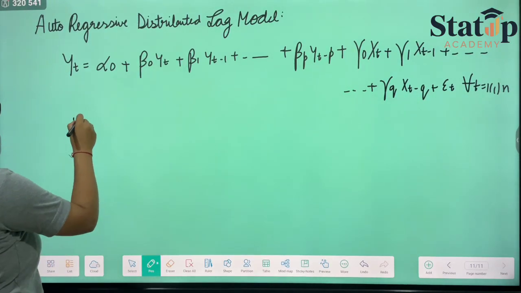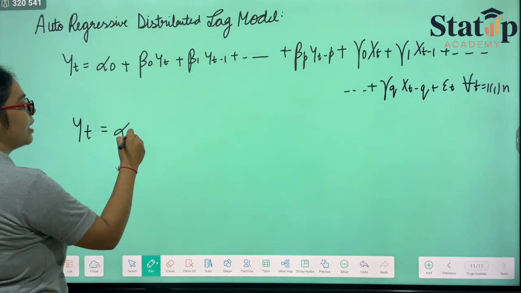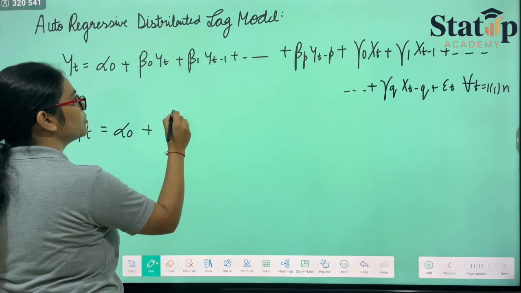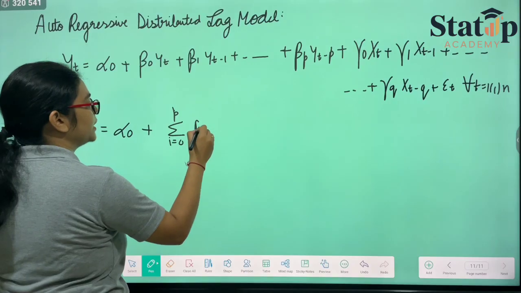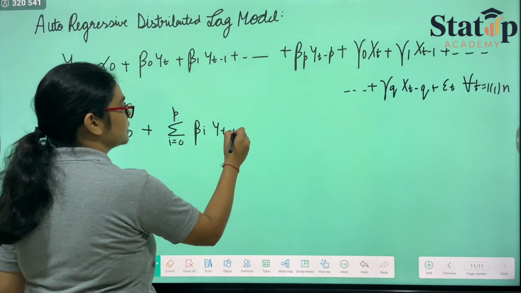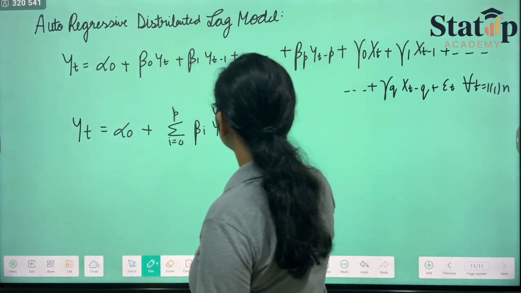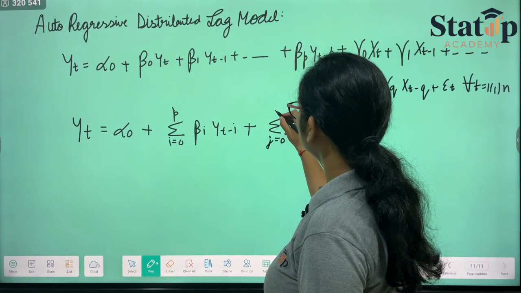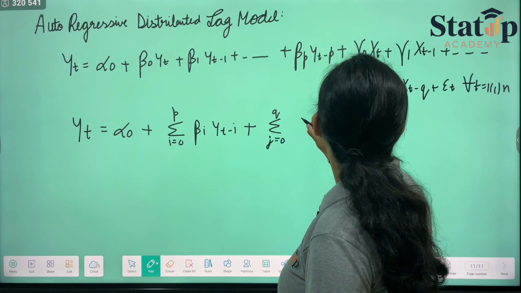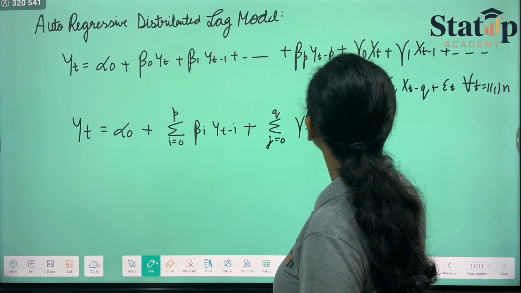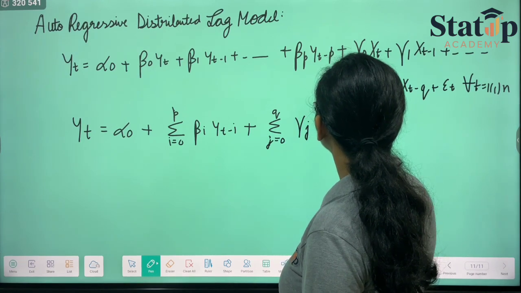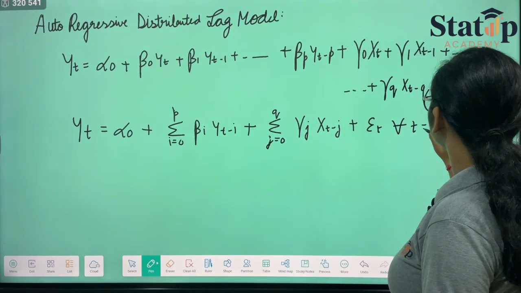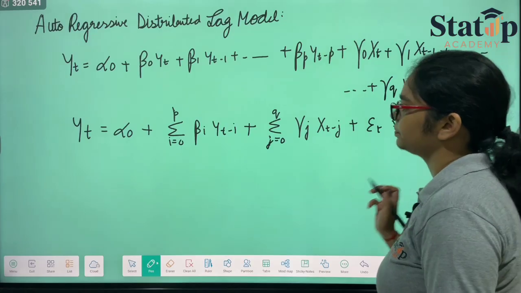So this model can again be written as alpha naught plus summation i goes from 0 to p beta_i y_{t-i} plus summation j goes from 0 to q gamma_j x_{t-j} plus epsilon_t for all t from 1 to n.